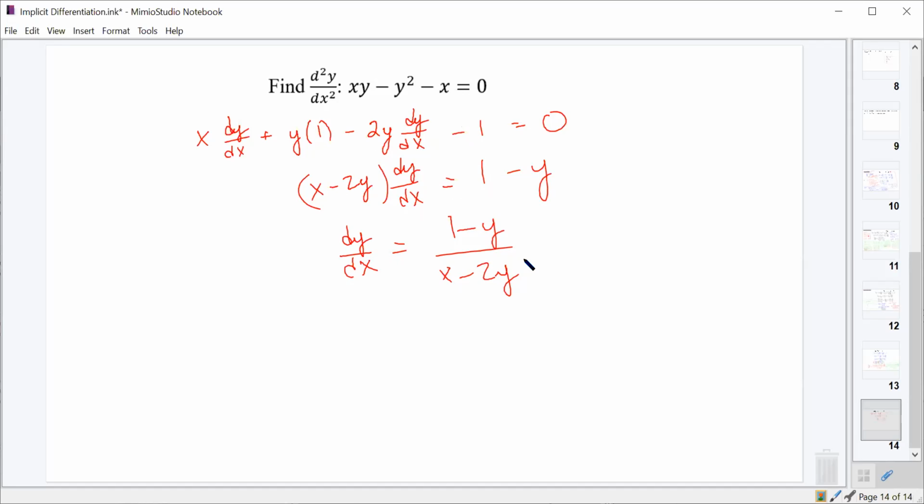Good. All right. How do we find the second derivative then? We just take the derivative of our first derivative with respect to x.